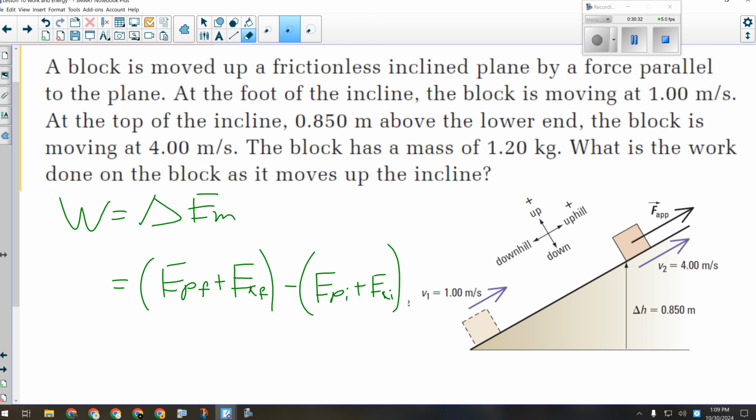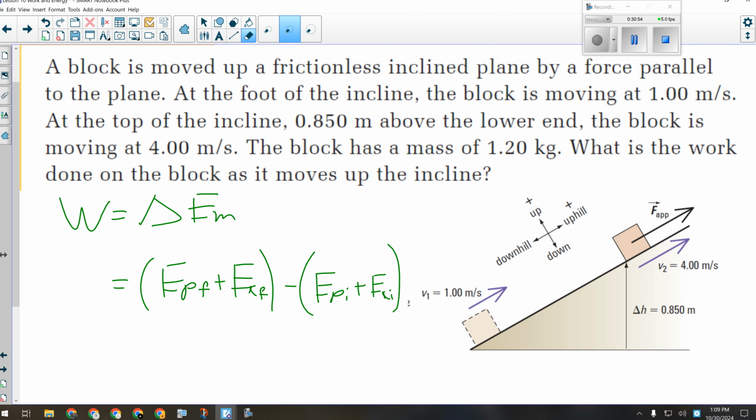Final minus initial. Can I make my life a little bit easier here if I look carefully at the situation? Are any of those four energy types zero?